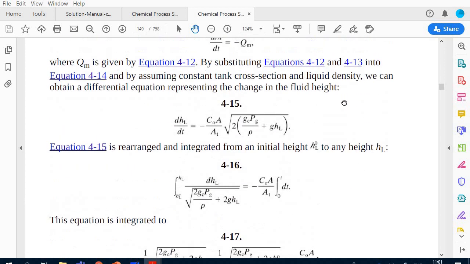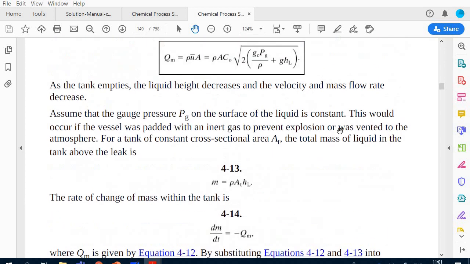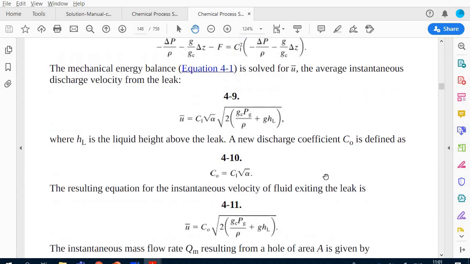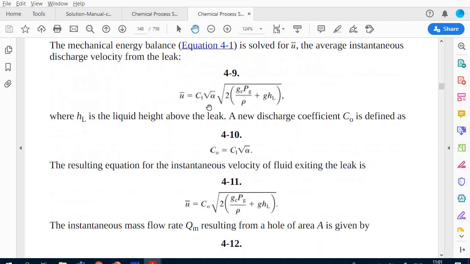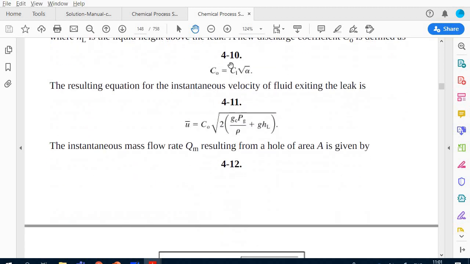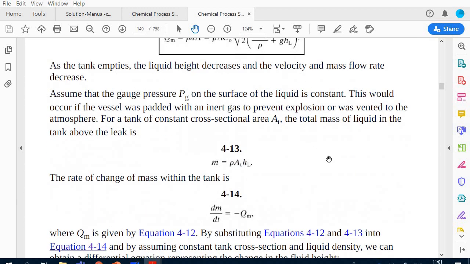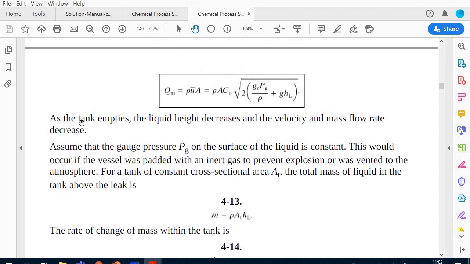So these are the values that I have for HL and HL naught. Where did it come from? It came from the equation that we started with, the mechanical energy balance, and we substituted for the velocity. You consider C naught, and then we said it's easy to take a rule of thumb for C naught. And then we substituted, we got that equation here, but we know that the tank empties, right?